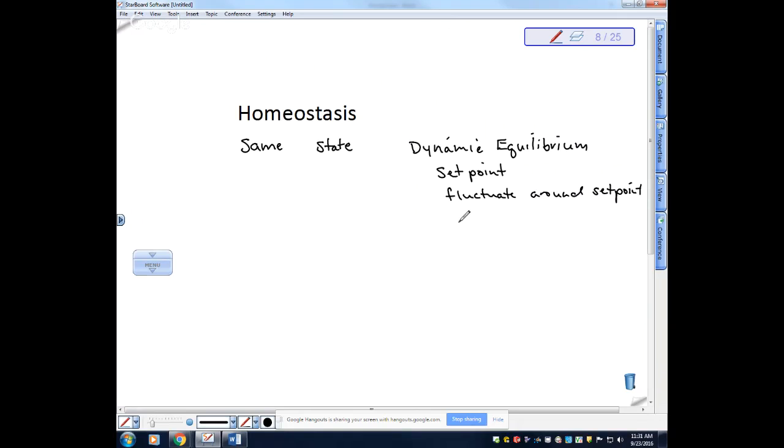And this allows for responsiveness to the environment. So, for example, if I have a fight or flight incident, if my sympathetic nervous system causes me to become really energized and responsive, like I need to run or I need to fight, then my glucose levels are going to increase.